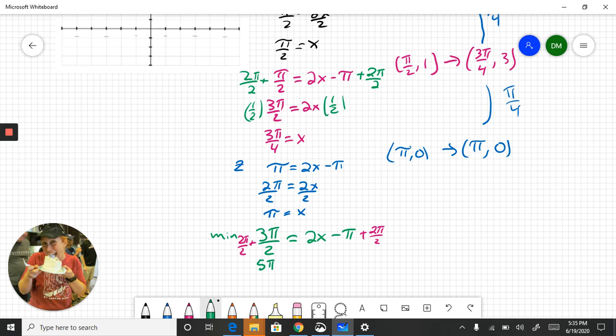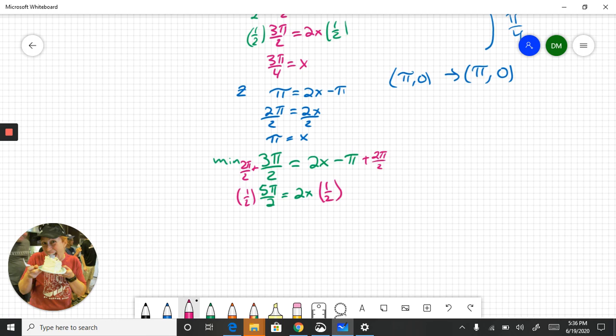So we have 5 pi over 2 equals 2x. Then we're going to multiply both sides by 1/2, and we'll end up with 5 pi over 4 equals x, which, if we notice, is pi over 4 away from the previous one.